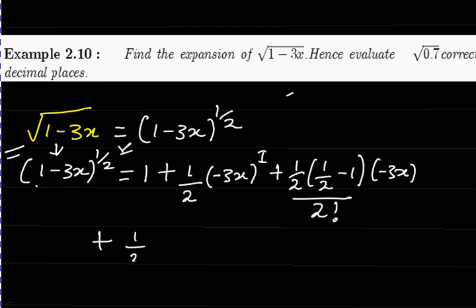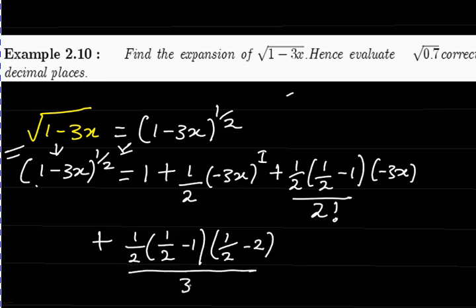This is going to be half, bracket open, half minus 1, then another bracket, half minus 2, then this time around divided by 3 factorial, then minus 3x raised to the power of 3. It was 3x raised to the power 2, then definitely this is going to be 3x raised to the power 3.